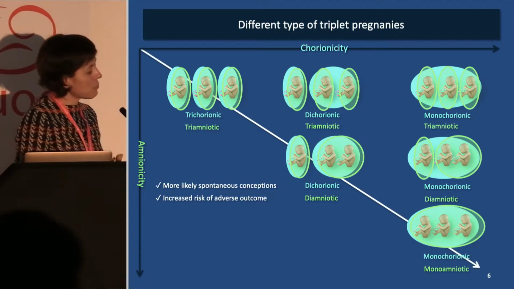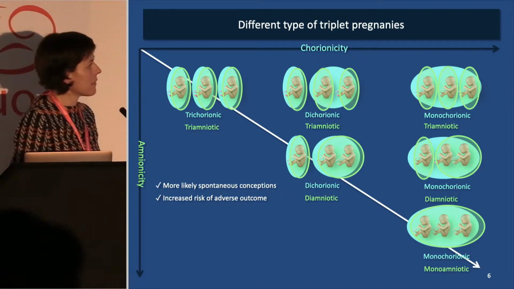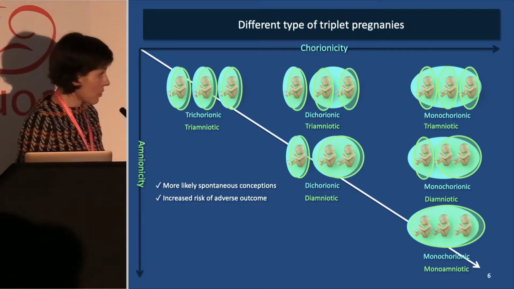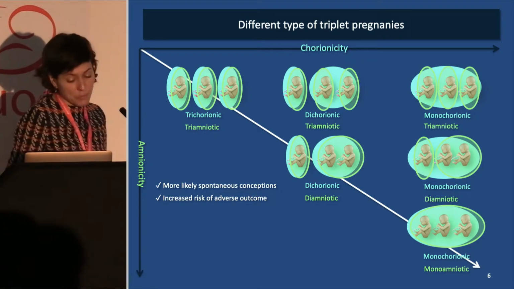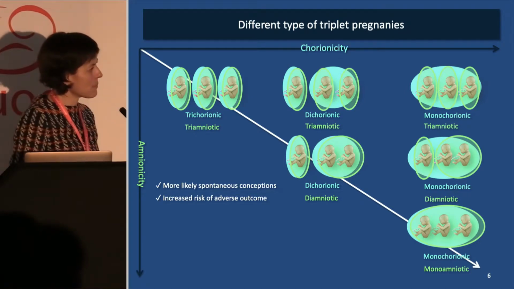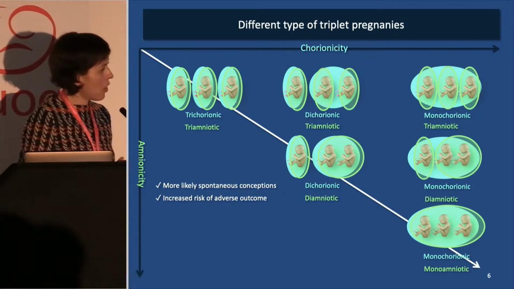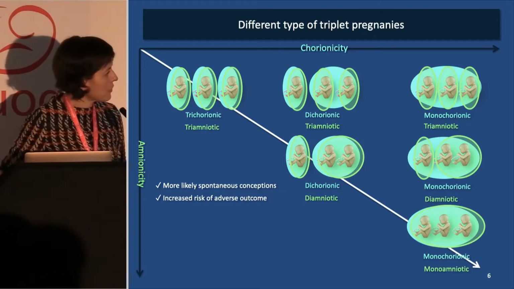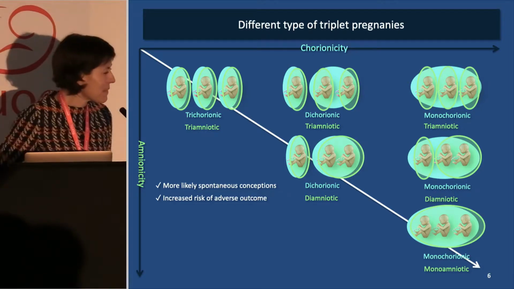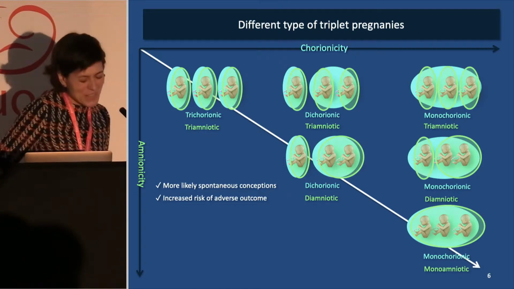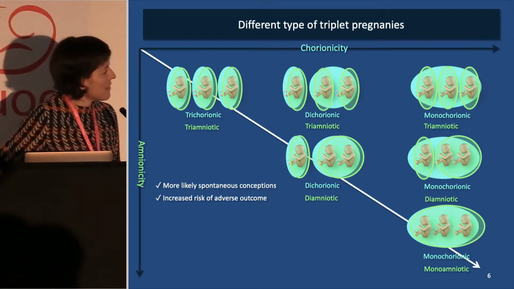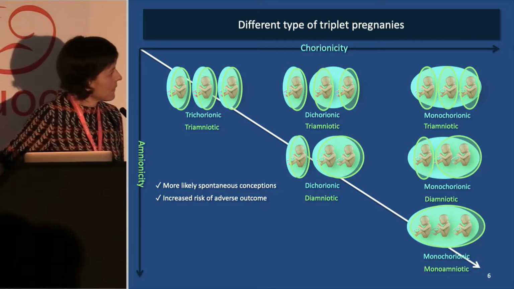And obviously, the more the babies share, the more likely these are the result of spontaneous conception. But unfortunately, they also have increased risk of adverse outcome because of the possibility of intertriplet transfusion imbalances and risk of cord entanglement.